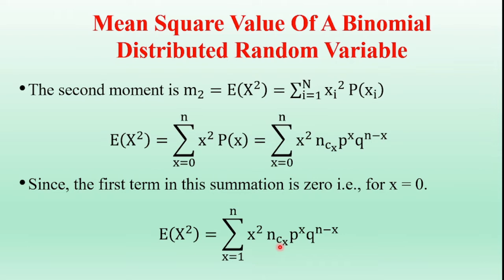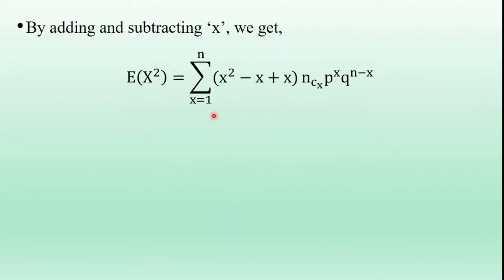Similarly, we are also simplifying the RHS term. First applying the nCx expansion. Now here, in this x square term, by adding and subtracting x, we have sigma x is equal to 1 to n, x square minus x plus x, into nCx p power x into q power n minus x.